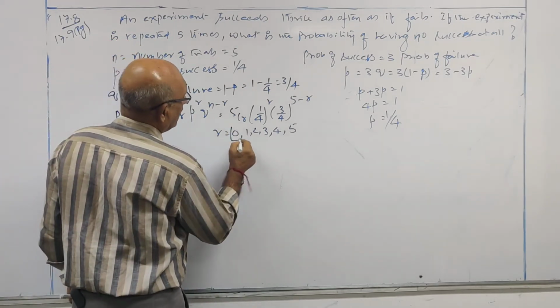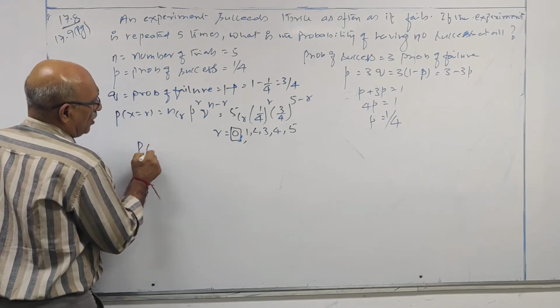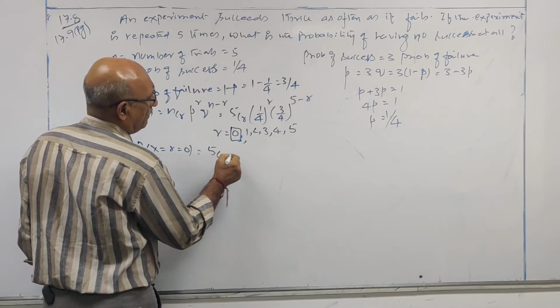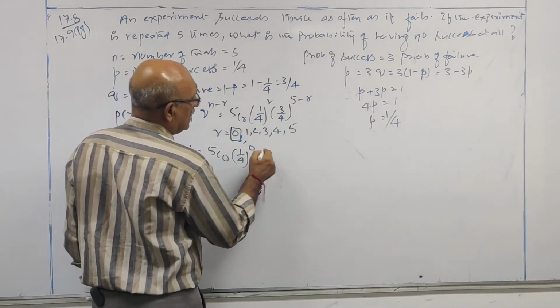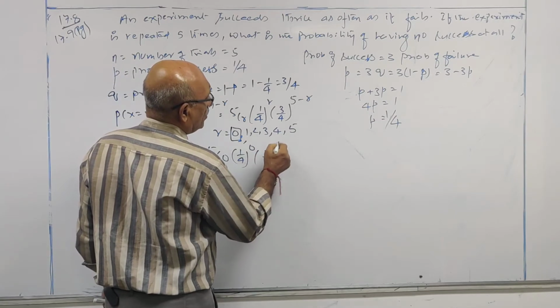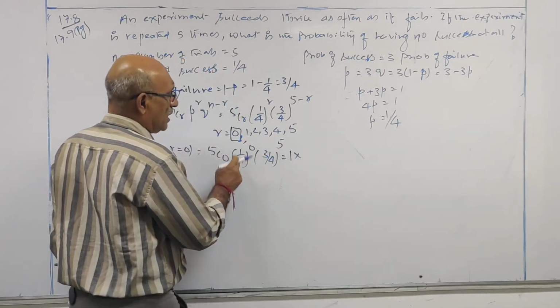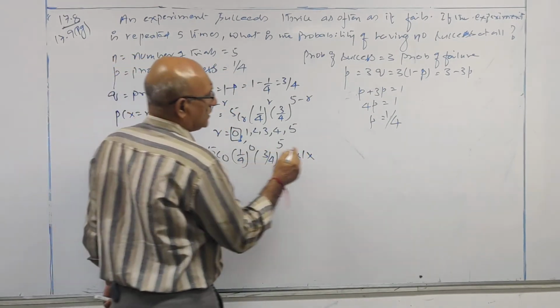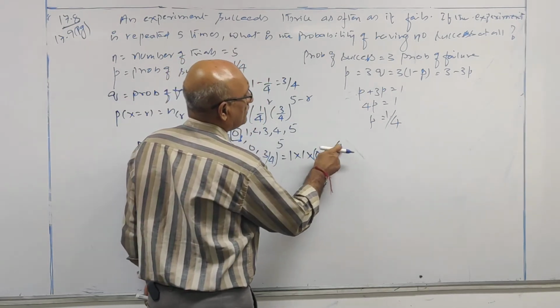What is required here? No success at all. r will take the value 0. Probability of X equal to r is equal to 0: 5C0, 1 by 4 whole to the power of 0 into 3 by 4 whole to the power of 5. 5C0 is 1. 1 by 4 whole to the power of 0 is 1. 3 by 4 means 0.75 whole to the power of 5.